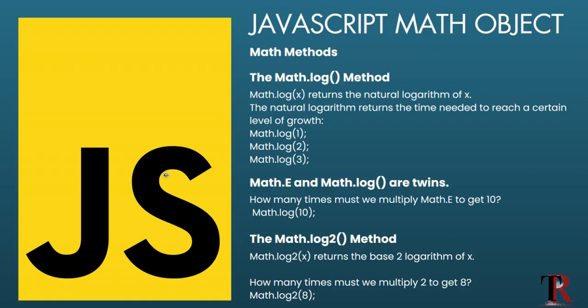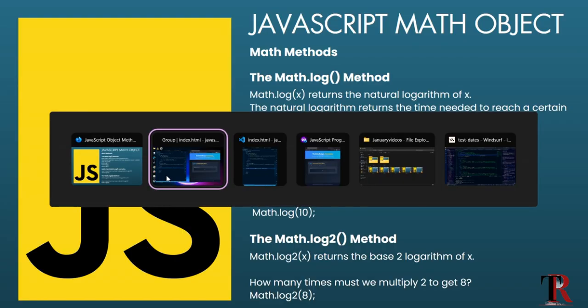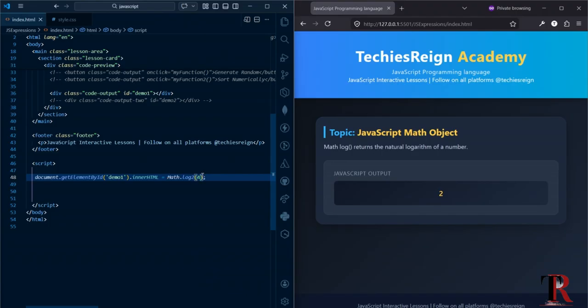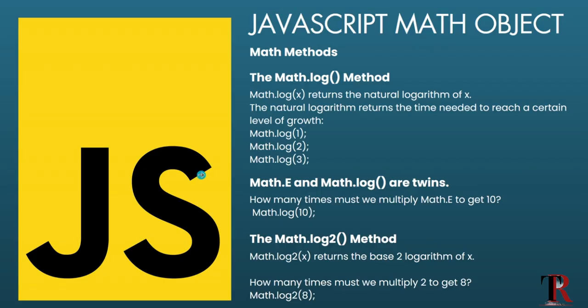Now, how many times must we multiply 2 to get 8? If you want to get how many times 2 needs to be multiplied to get 8, you can also use math.log2 in order to get it. So math.log2 is basically logarithm to the base of 2. What that simply means is that I want to get how many times I must multiply 2 to get 8.